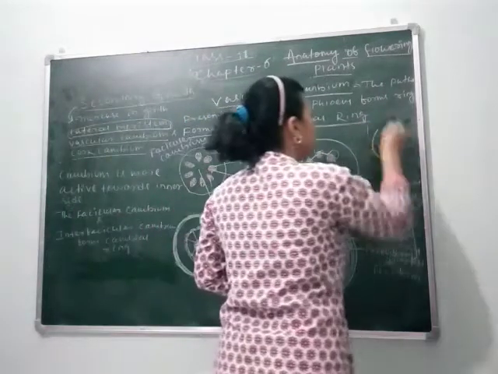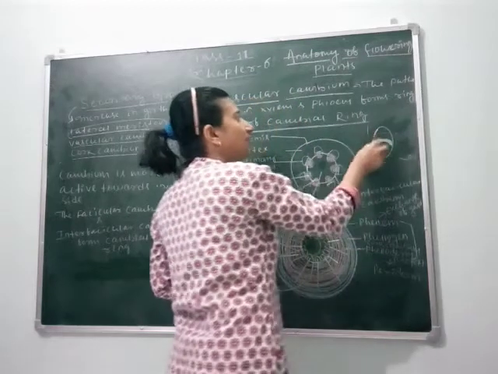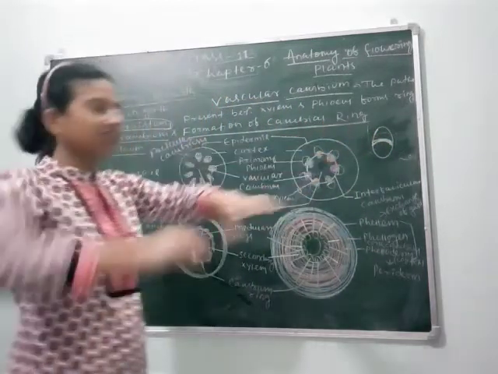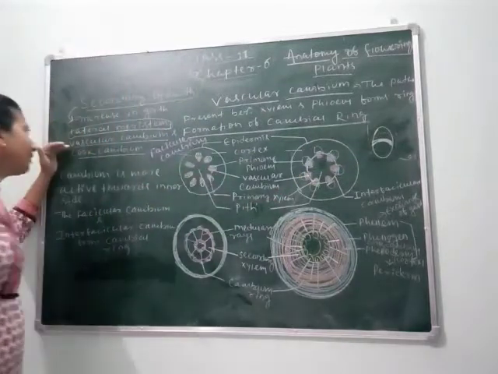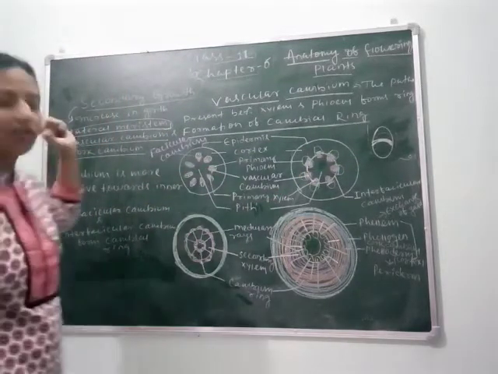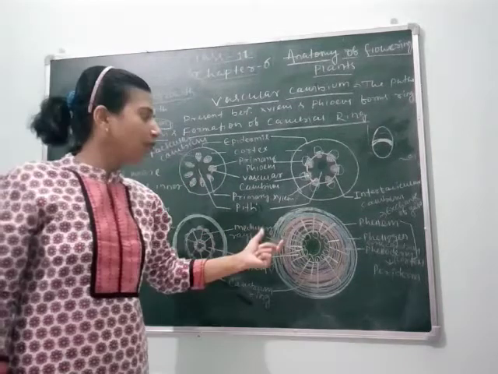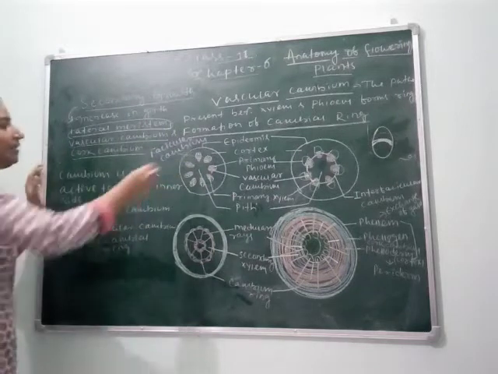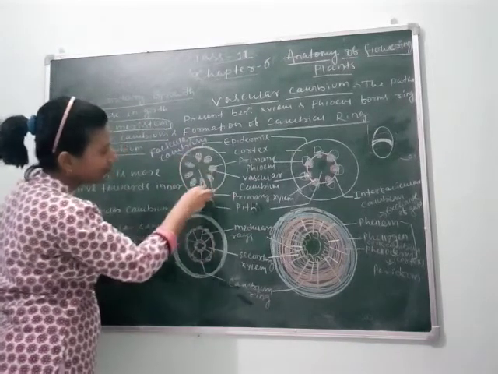You can see this is present between xylem and phloem. When this completely forms a ring, that will form your vascular cambium. And next one is your cork cambium, which we can say is phellogen. So let's see, this is the diagram of cambium ring formation.